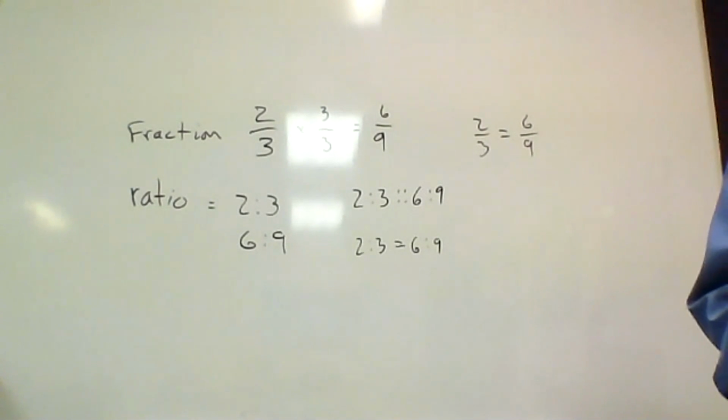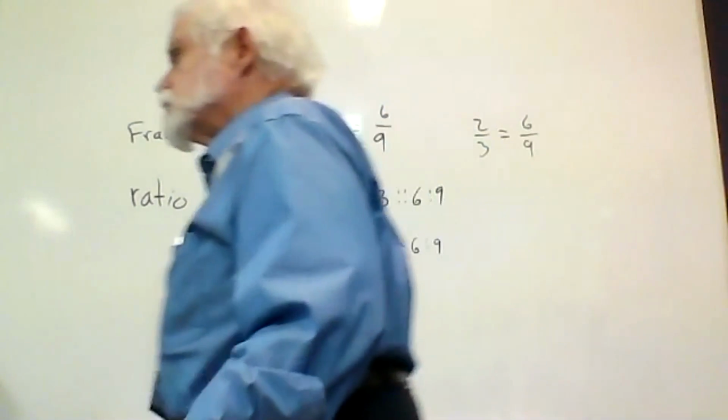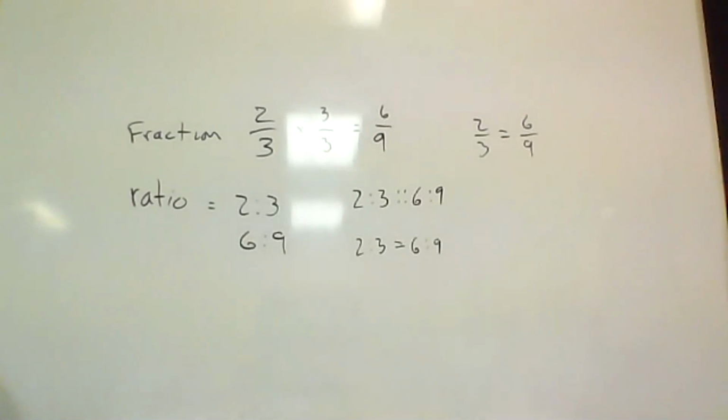Why do I say that? Well, the reason we think of fractions as something that has to have numbers. Ratios don't. In the pharmacy, we can say that we have a bottle of medicine, and it's medicine A, 25 milligram tablets.